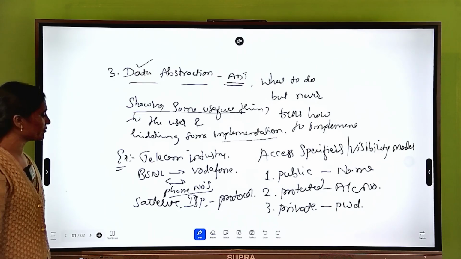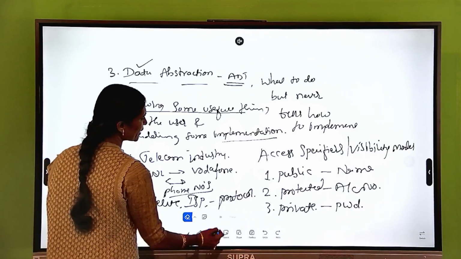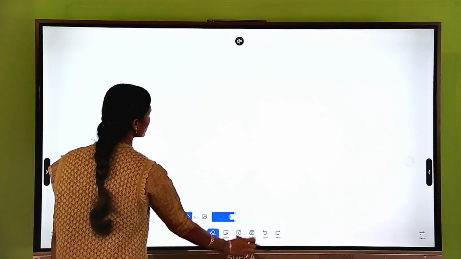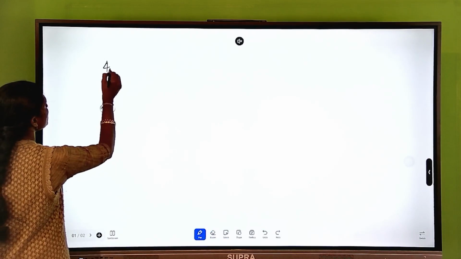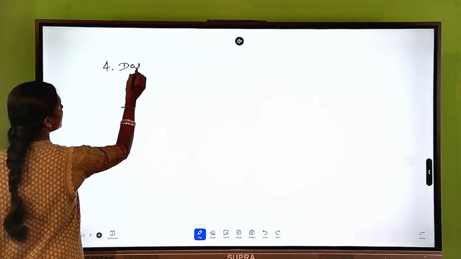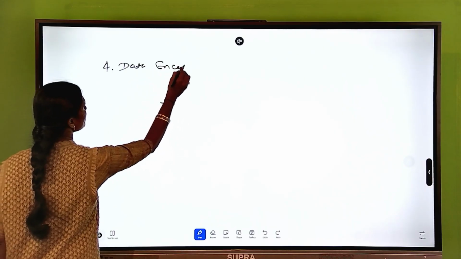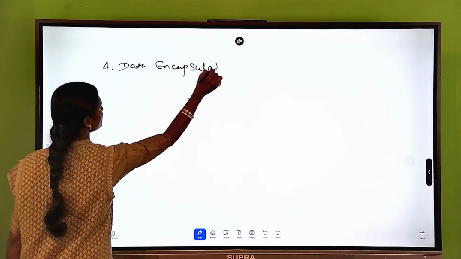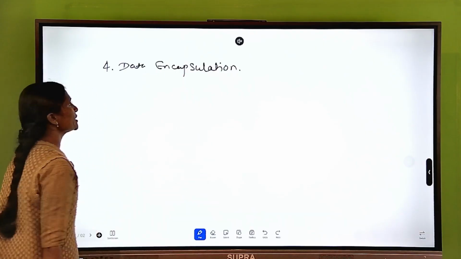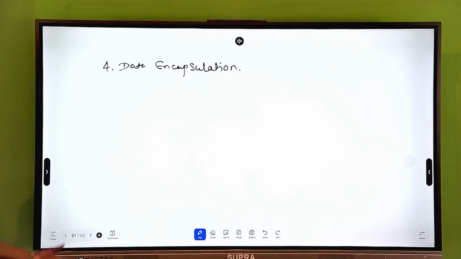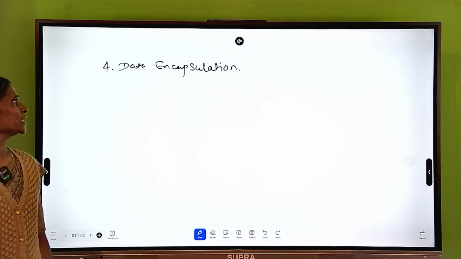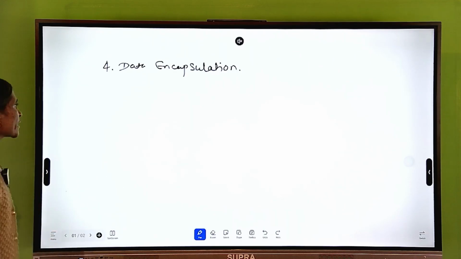Next let's understand data encapsulation, the fourth concept which comes with OOPS. What is encapsulation here? The definition itself talks about wrapping up something. So what is wrapped up here?